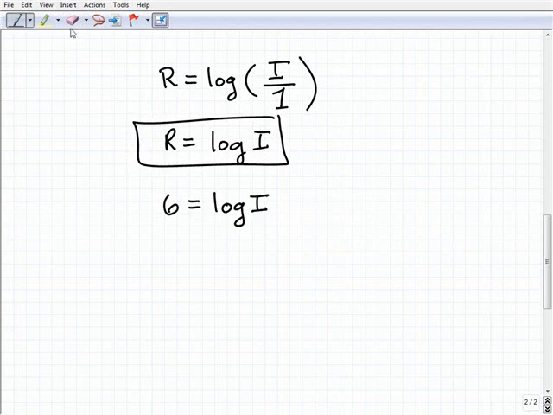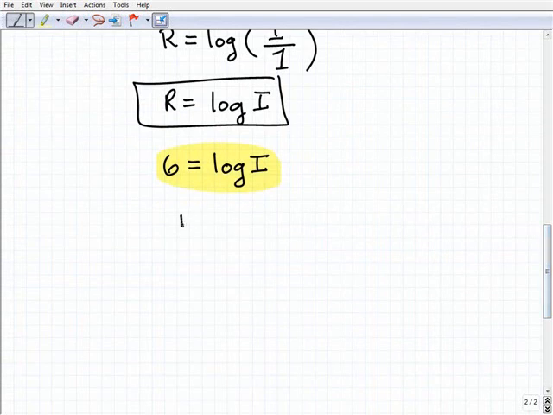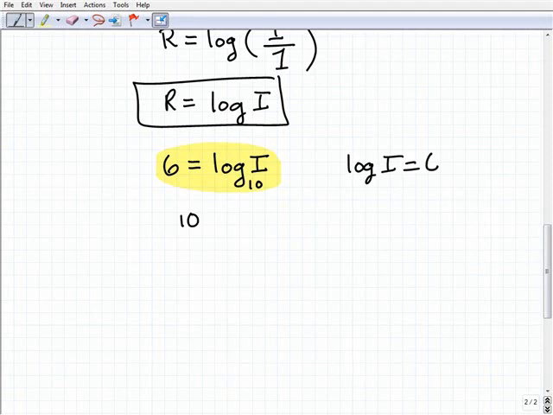Now we want to solve this logarithmic equation. We're talking about the common log, so what do we have to do? We have to write this as an exponential equation. Let me write it this way, I think it might be easier to see: log I equals 6.